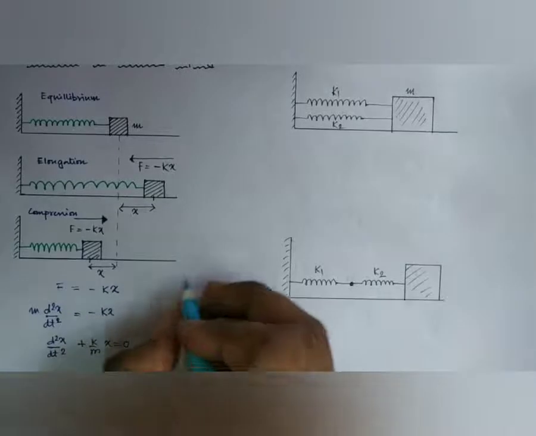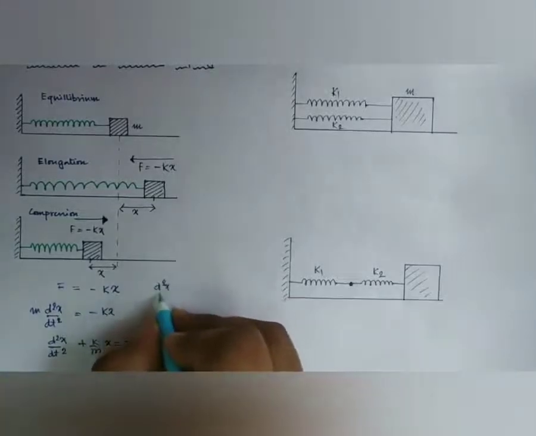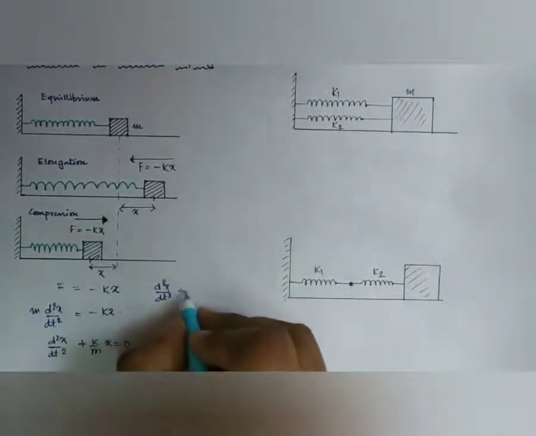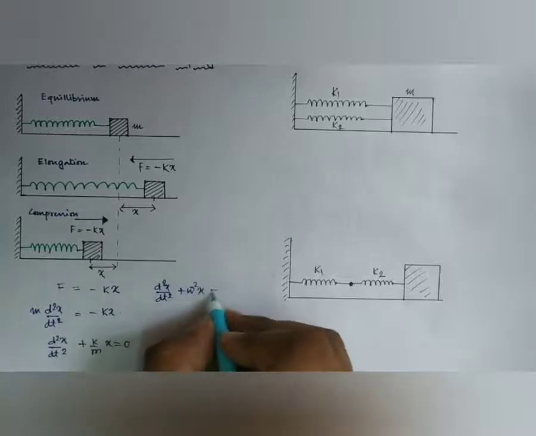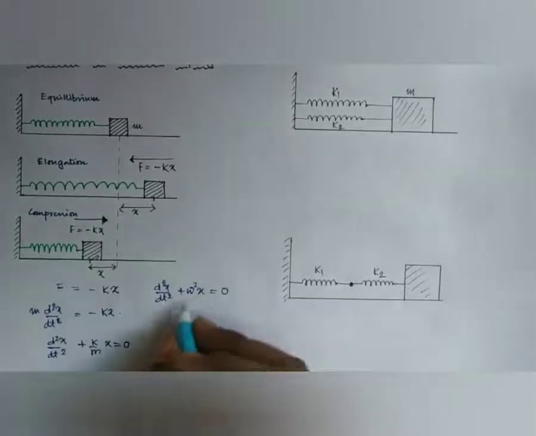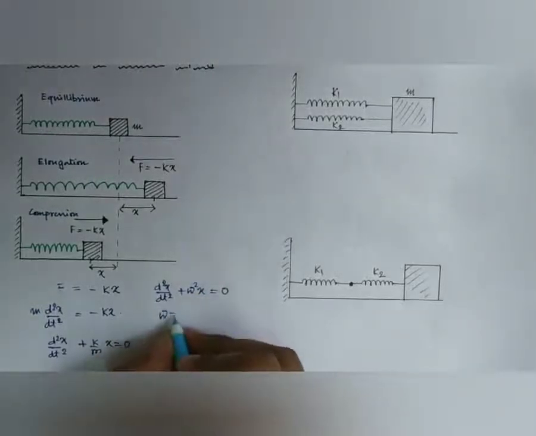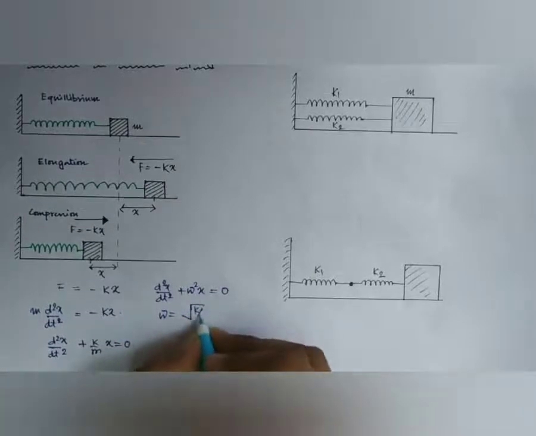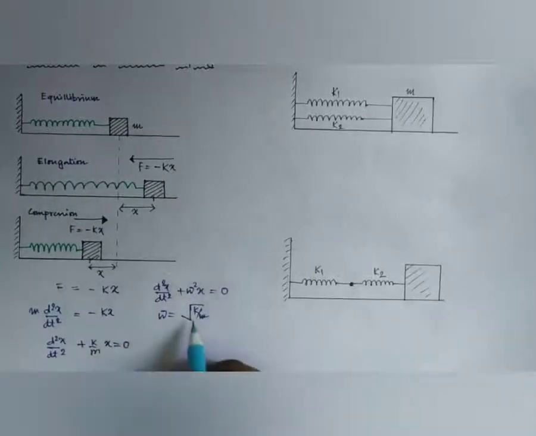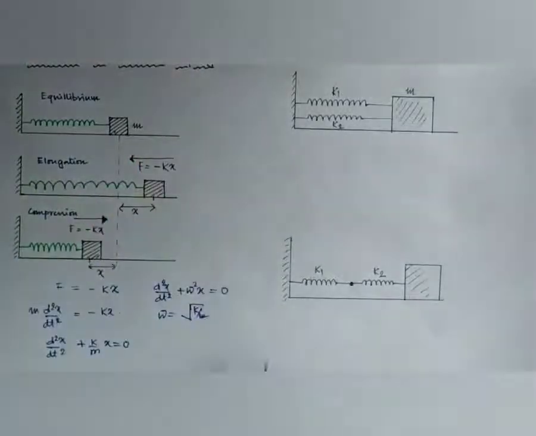Just comparing it with our standard equation of SHM, by comparing these two, we may write omega as root over k by m, where k is the spring constant and m is the mass of the block.